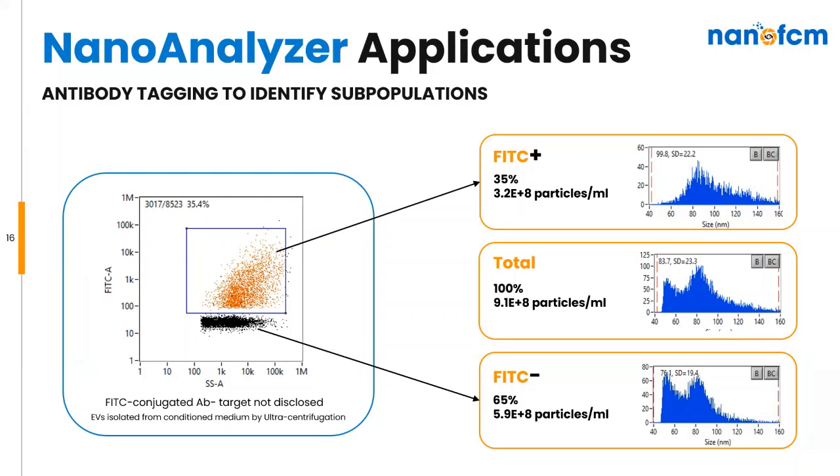You can see in the total population, there are 2 peaks in the size histogram, with peaks around 55 nanometers and 85 nanometers. You can see that our fluorescent EVs are all part of this larger size EV population. But if you look to that bottom panel, whilst all fluorescent EVs are large, not all large EVs are fluorescent. And you can clearly see 2 size distributions in the FTSE negative population.